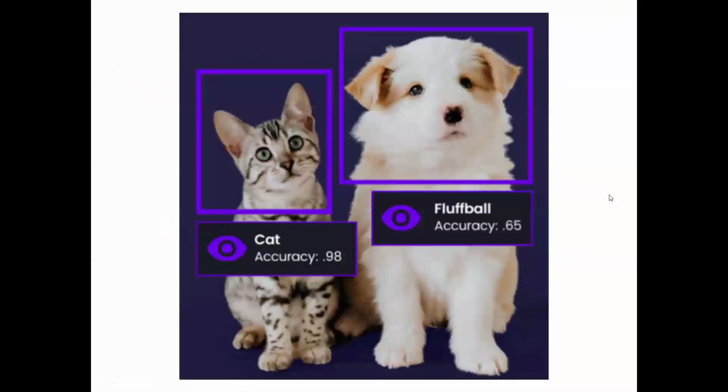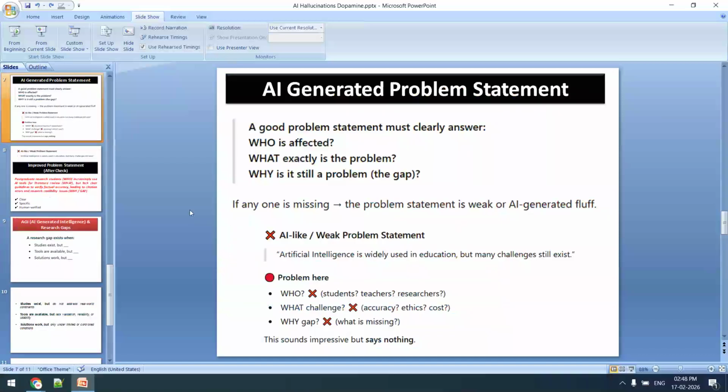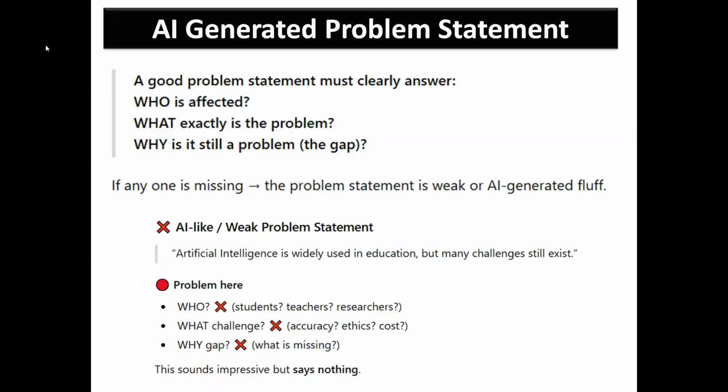Now we will see some implementations. For example, I want to generate a problem statement. Now I will come to the demonstration part. These are only a few slides just for showing you the meaning of AI hallucination and the dopamine effect, and after that we will see a real demo.